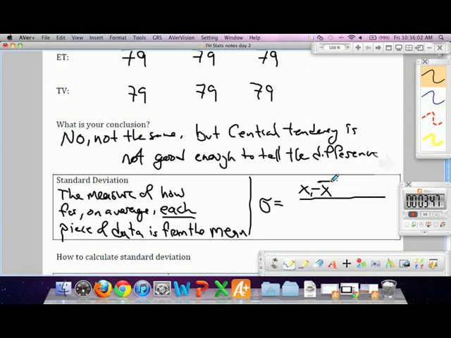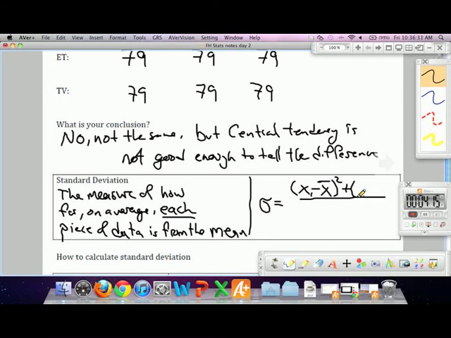We'll put those in parentheses, and we're going to square that once we've subtracted them. Then we're going to add to that. In parentheses, we subtracted the first piece of data from the mean. Now we'll subtract the second piece of data from the mean. What do you think I'm going to use as the symbol for the second piece of data? x with a 2.